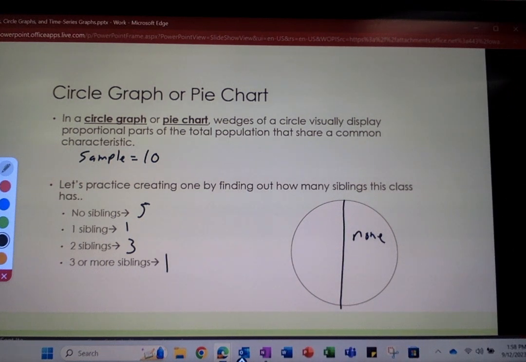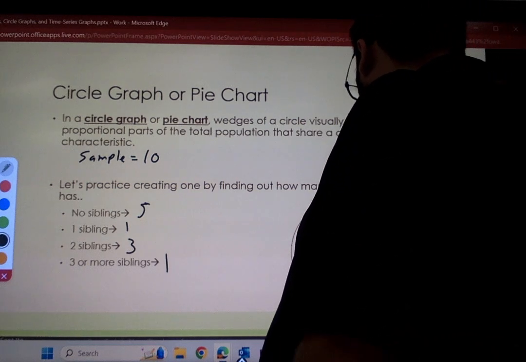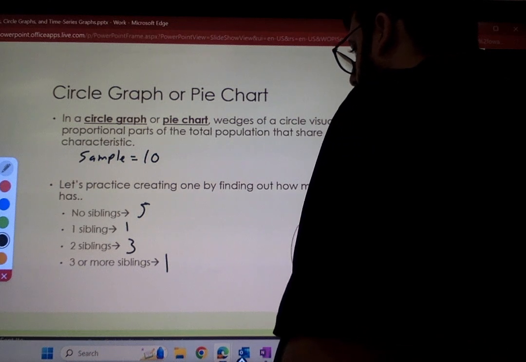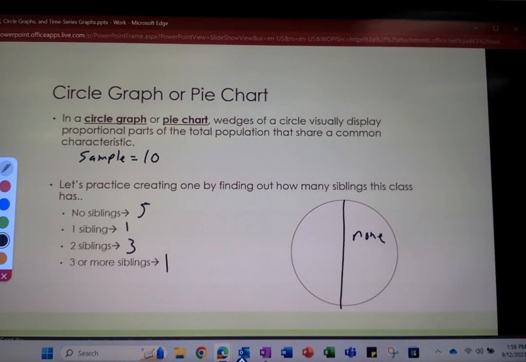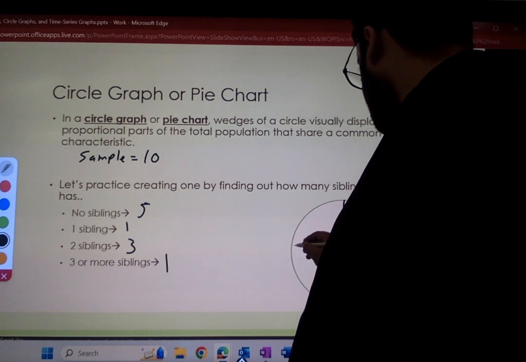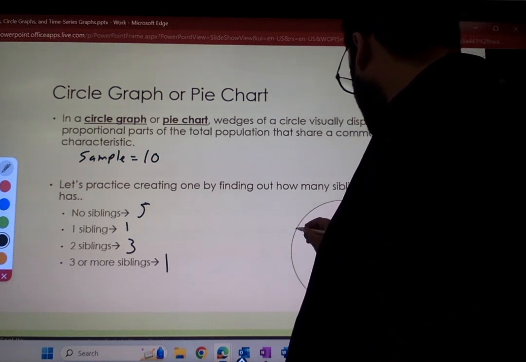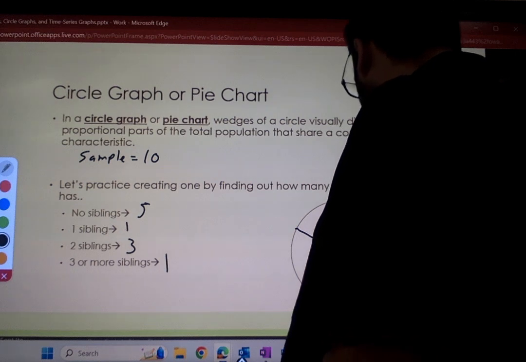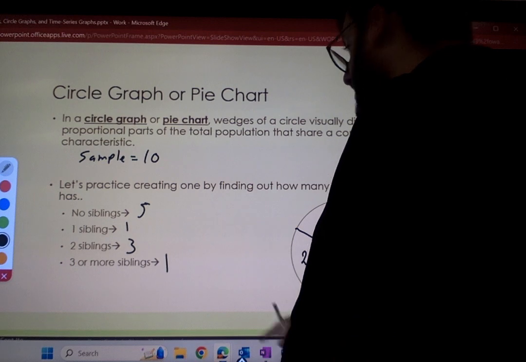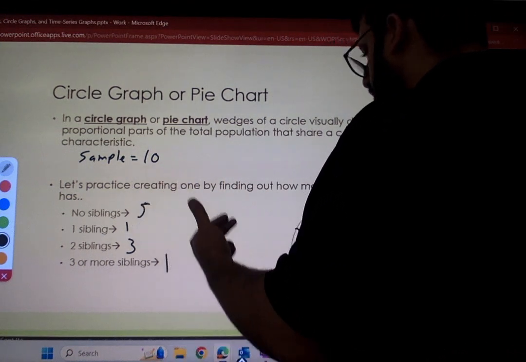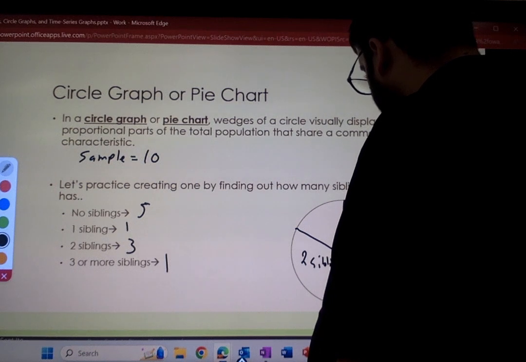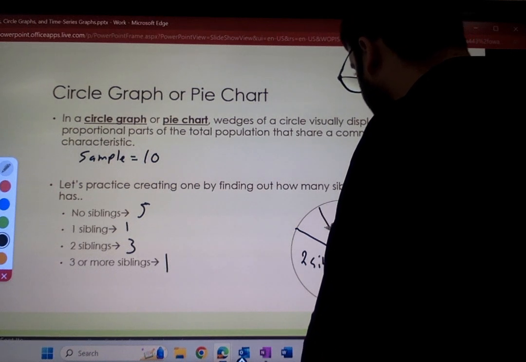That leaves us the rest to divide out. Okay, so of this half, a majority of it is going to go to the 2 siblings. Okay, so this is 2.5. I'll go slightly up. So this is 2 siblings. That's 3. Okay, and so because they have the same frequency, I'm just going to split this in half.